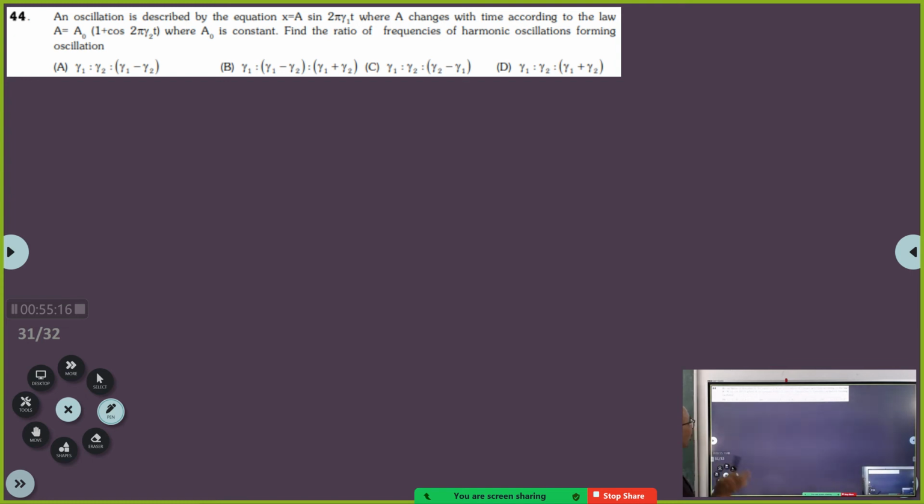A changes with time according to this law. Find the ratio of the frequencies of harmonic oscillations. Now, what do you understand from this phrase? Explain this phrase only, not the question.